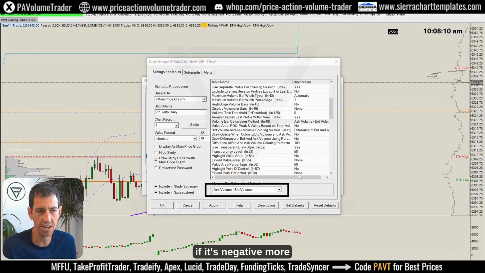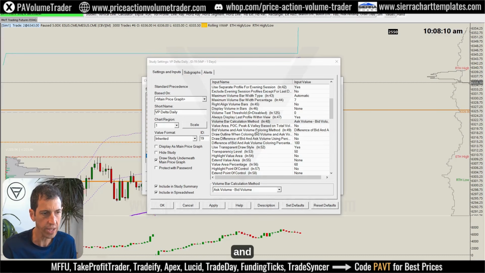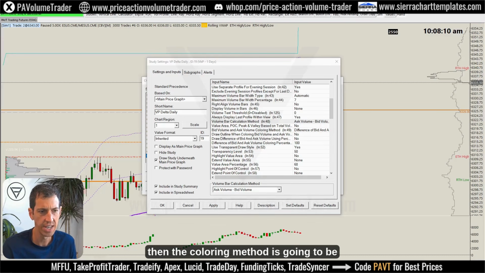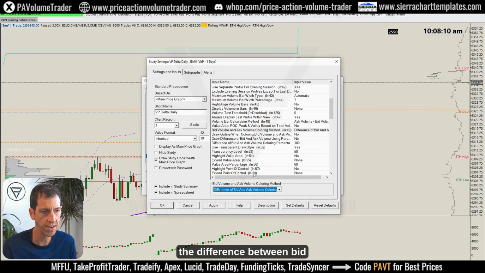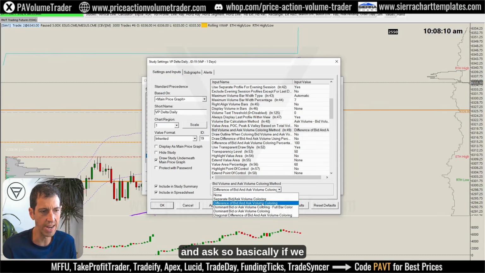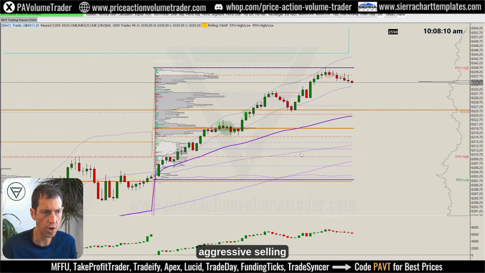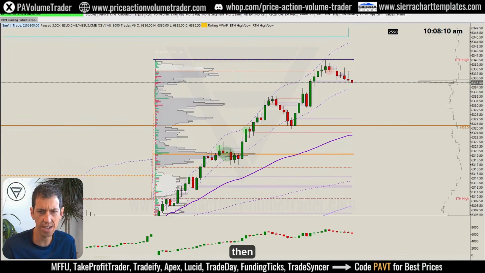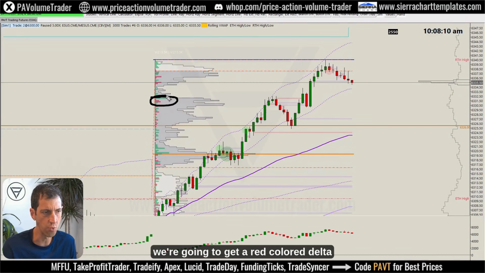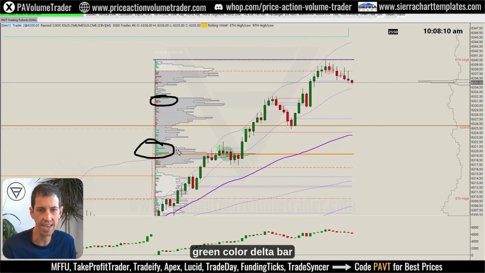If it's negative, more aggressive selling, okay? And then the coloring method is going to be the difference between bid and ask. So basically, if we have more aggressive selling, then we're going to get a red colored delta bar. If it's more aggressive buying, a green colored delta bar.